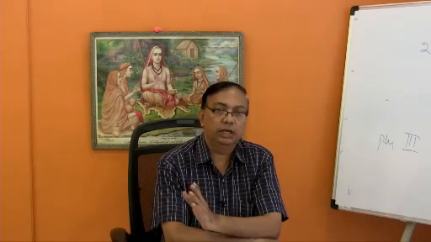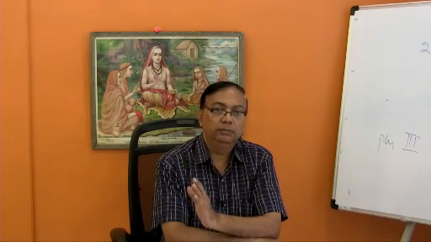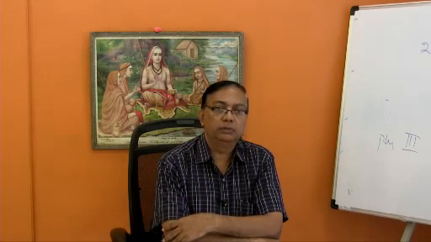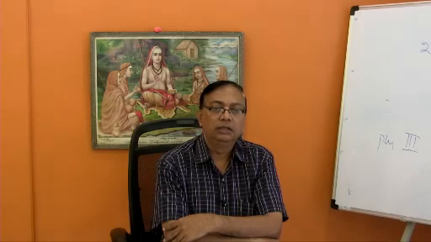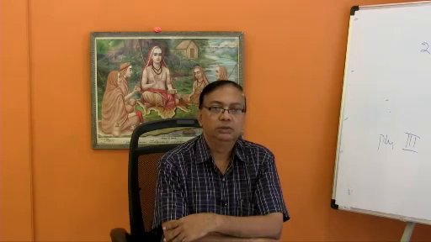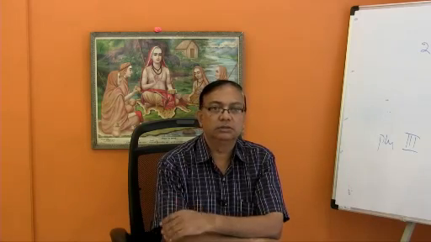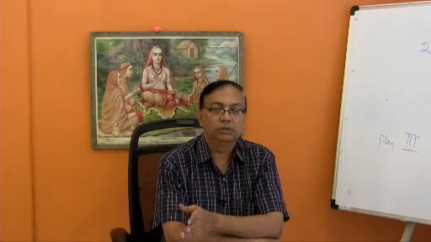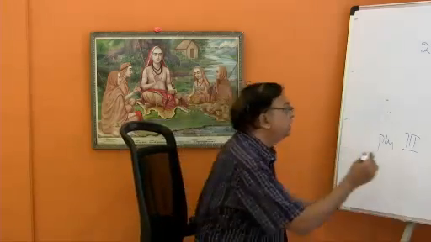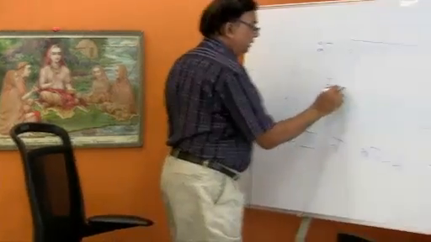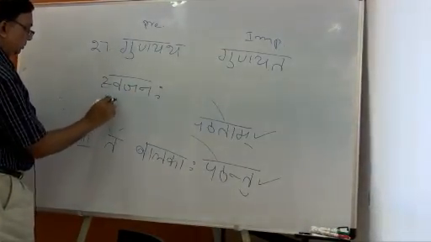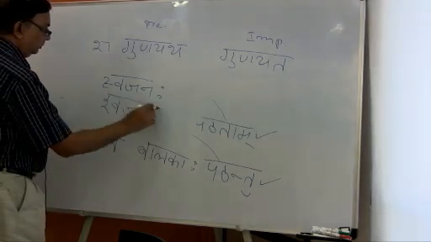Because if one does not know the grammar, Sanskrit grammar, the pronunciation part of it will be very difficult. Swajanah, instead of pronouncing swajanah, if one says shwajanah, shwa means dog. Shwajana means dogs, dogsmen it becomes. Swa and shwa, the difference is swajana should not be pronounced as shwajana.